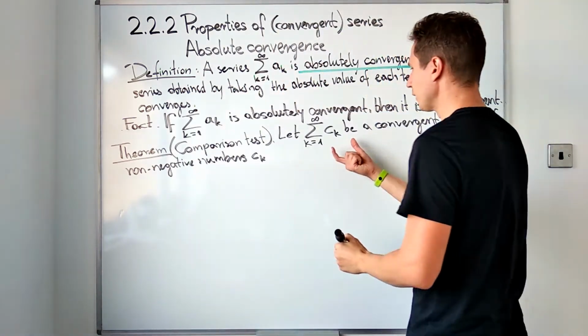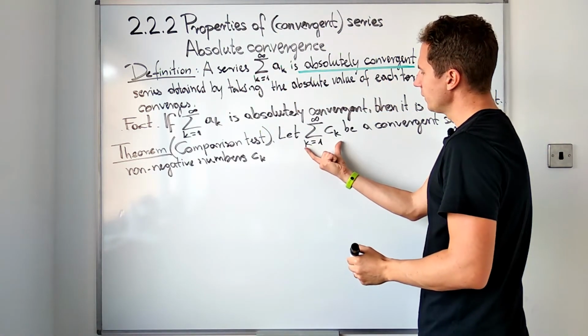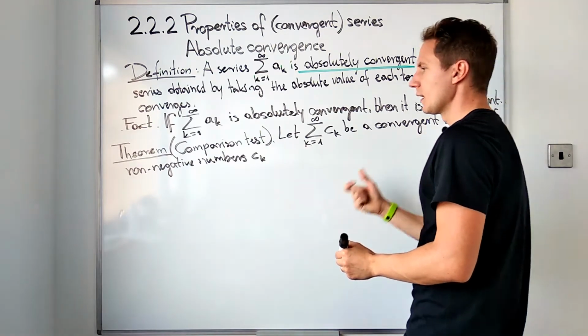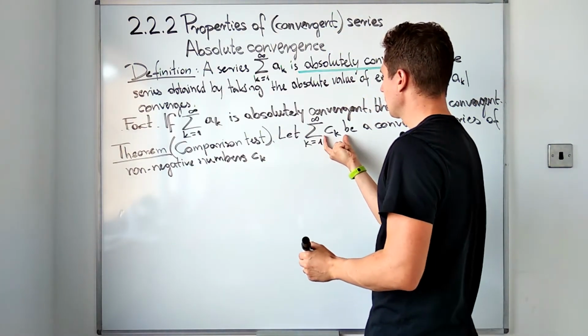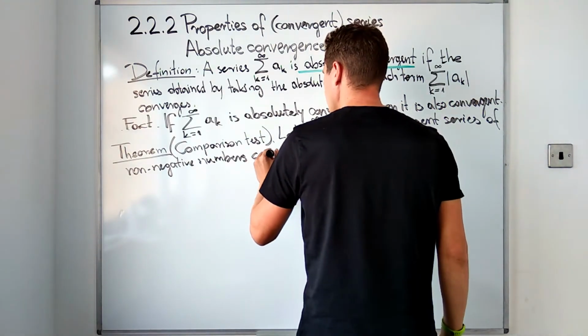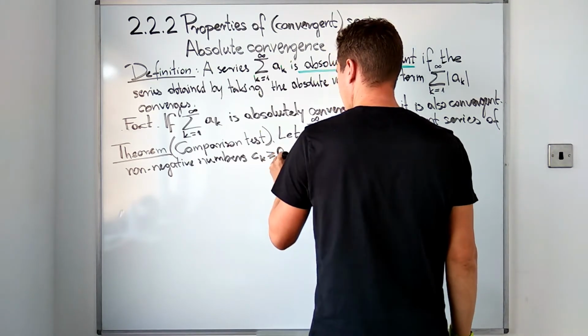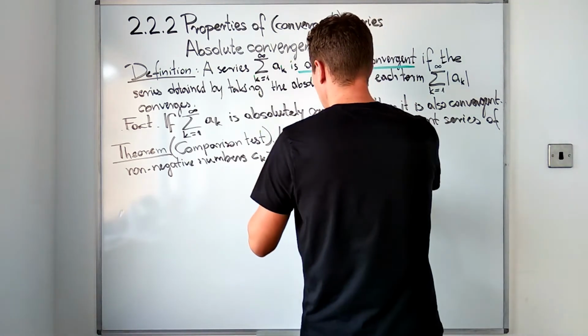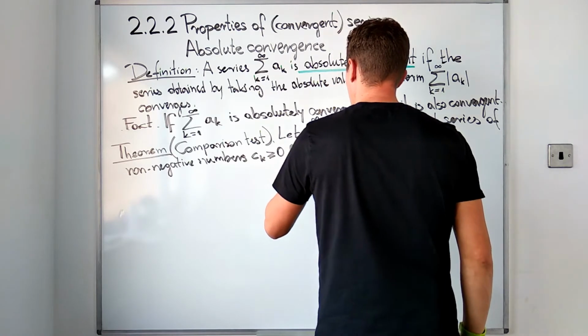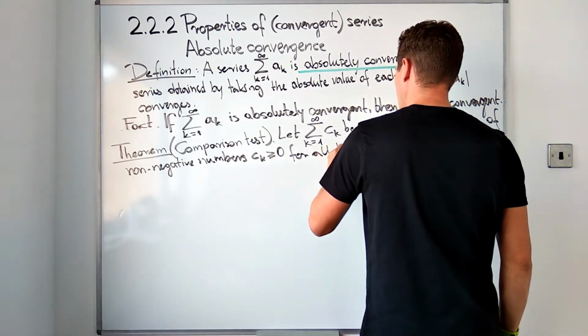So we are assuming two things: that this infinite series is convergent, and that each of the terms in the series is non-negative. This holds true for all k.